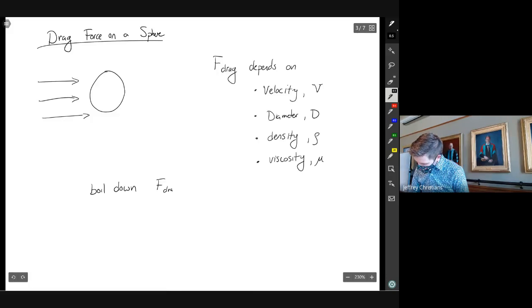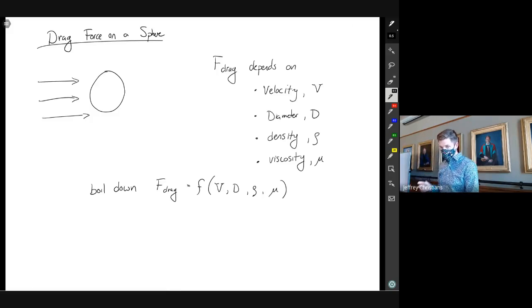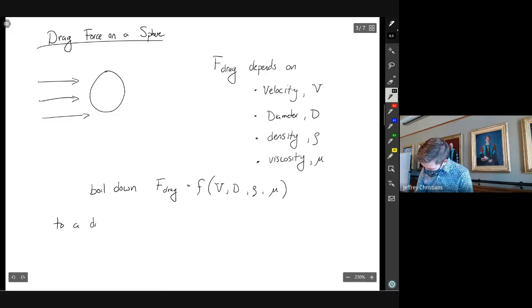So F drag, which is some function of V, d, rho, mu, we want to go to a dimensionless equation where pi 1 is some function g of pi 2, dot dot dot, pi n.